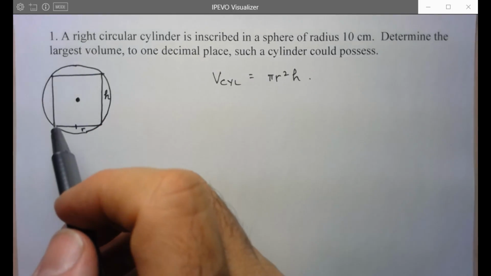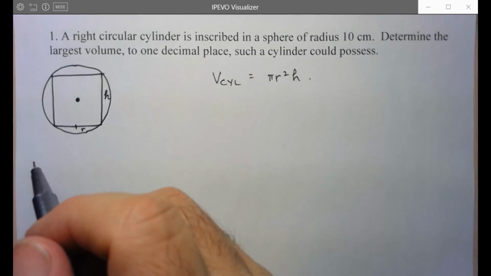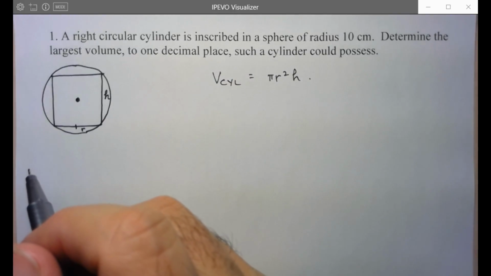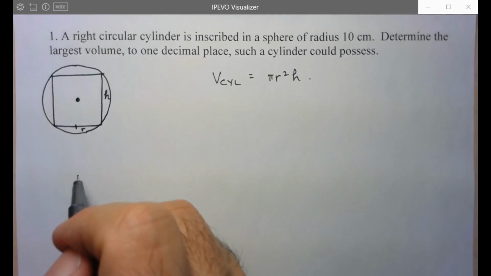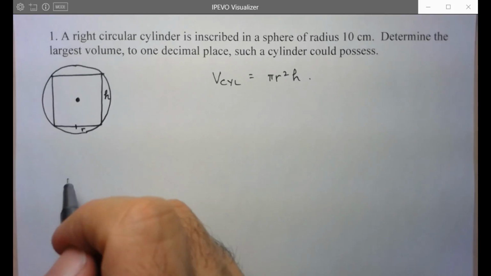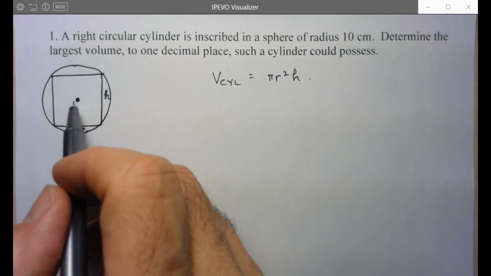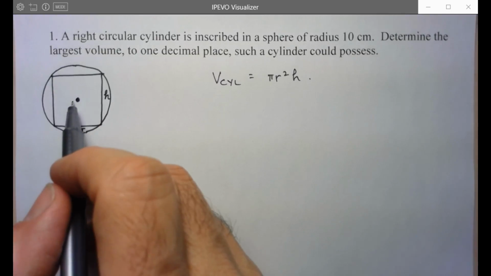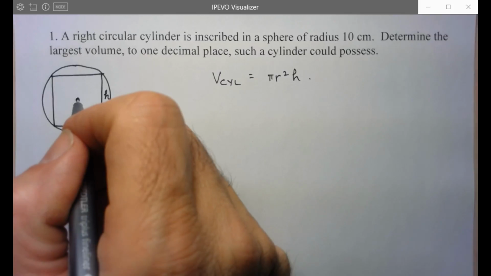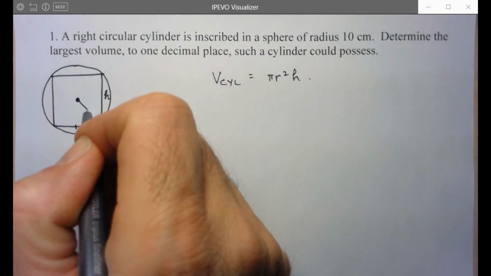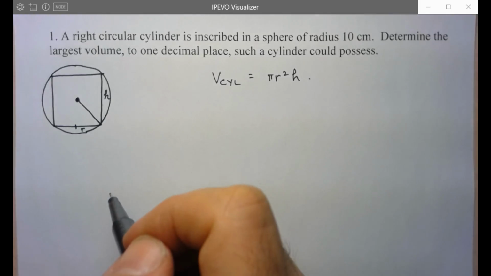And this is where I'm going to use a trick that is very often useful when you're working with two shapes in a geometry problem, which is to find something that connects them. So let's say you're working with two triangles. You want to try to find a connection between the side length that they share. In this case, like I said, I can draw this radius to any point on the exterior of the sphere. But I'm going to choose to draw it to a point where the sphere and the cylinder meet.